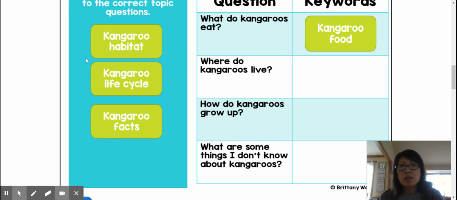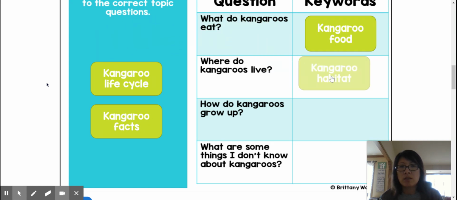Okay, the second question you might have about kangaroos is, where do kangaroos live? Okay, so again, looking at our three remaining choices, which one would make the most sense to type into Google or to look up in your book? Okay, I hope you said kangaroo habitat. Habitat is the place where you might find something. Okay, and then so on.